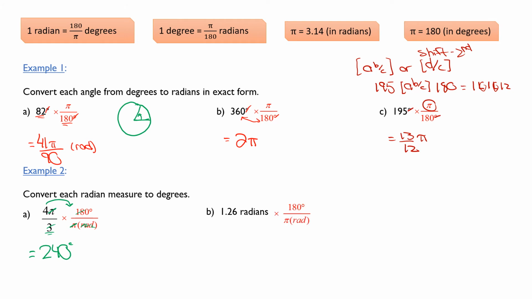So we still multiply by 1 because we want to get rid of radians. The next step is to do 1.26 times 180, divide by pi. If you have a pi button, use your pi button. If you don't, well, you should get a new calculator. Don't just type in 3.14, use your pi button. And we're going to get approximately 72.2 degrees here.